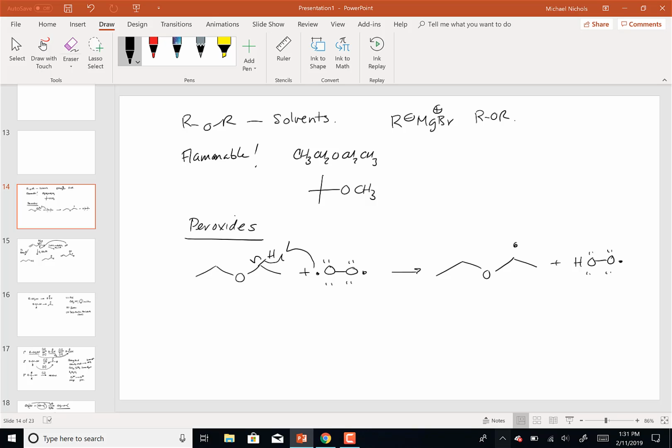If you've ever seen a demonstration where people take really strong magnets and they pour the liquid oxygen through it, that oxygen is attracted to those poles of those magnets because it is paramagnetic. So when we breathe in oxygen, we're breathing in these radicals, which can then go around our body and start grabbing hydrogens.